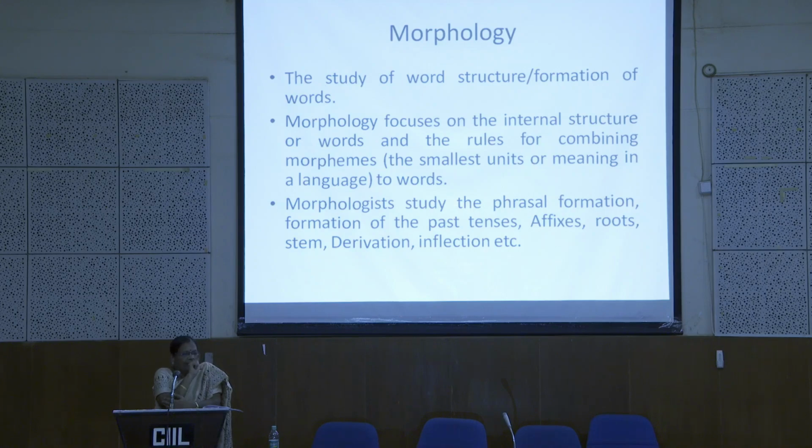Whether it is a root or a stem, it is a root. If you want, you can add a plural form, dancer, noun, dancers, dances, like that. So it is going to take a suffix. When a word is ready to take a suffix, then it becomes a stem.